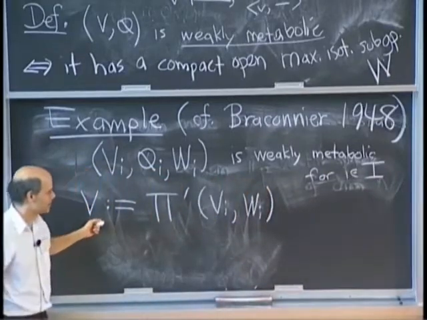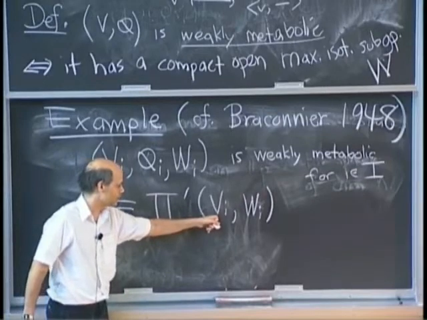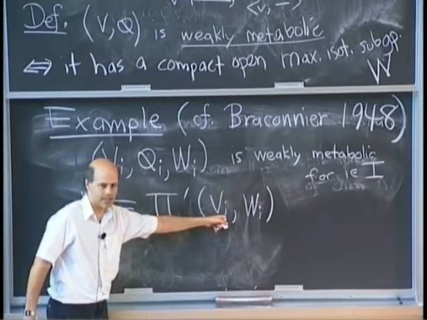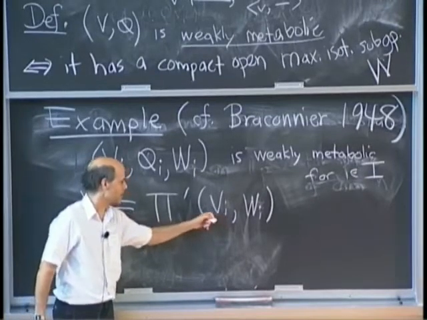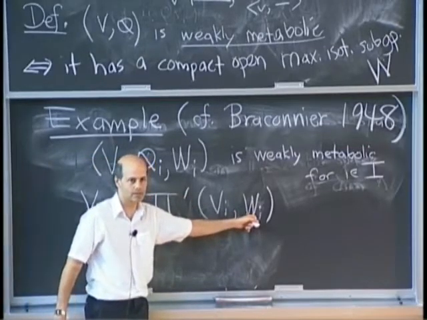An element of this is like the direct product, a tuple with one coordinate from each of these V_i, but the restricted direct product means that almost all but finitely many should belong to the W_i.